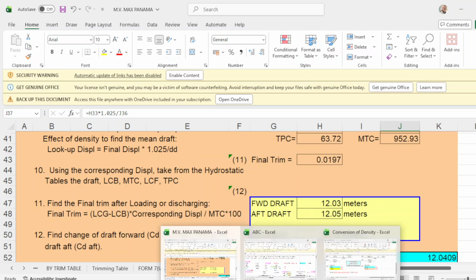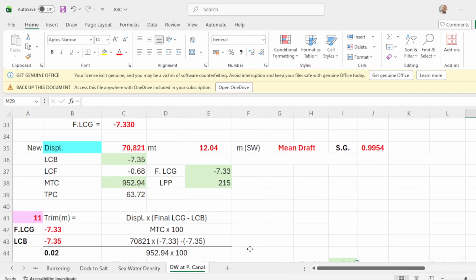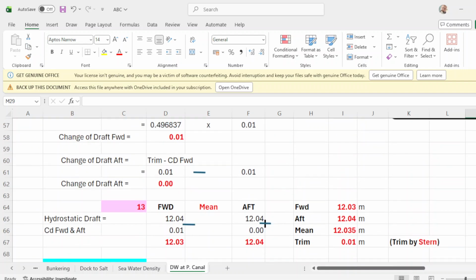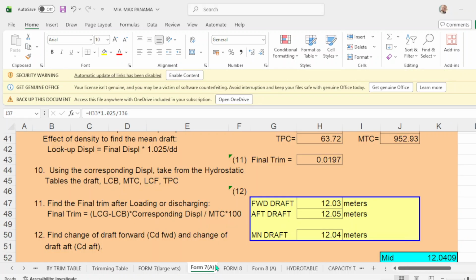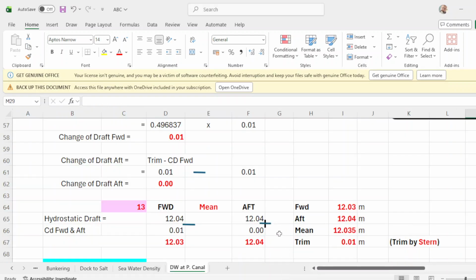The manual says 12.03, and the program forward draft says 12.05, and the manual says 12.04.